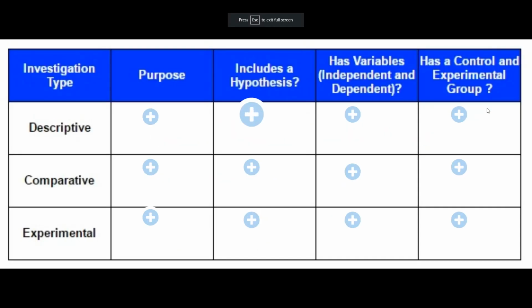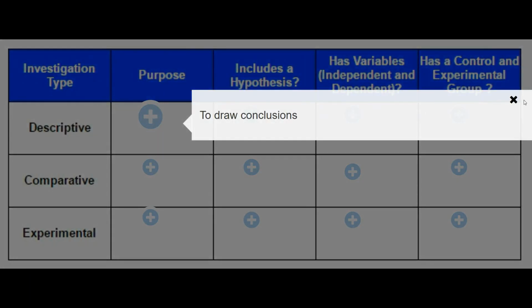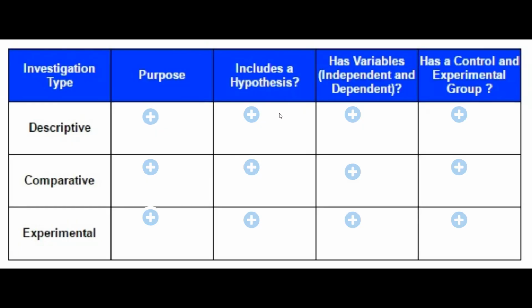So just looking at this is a really good tool to use, especially for review and just reminding yourself what these are. So the purpose of a descriptive investigation is to draw conclusions. When you're studying something, an object or an event, you're trying to determine the conclusion of that event or that object. It looks a certain way, does a certain thing, acts a certain way. You're drawing a conclusion about that object or event.